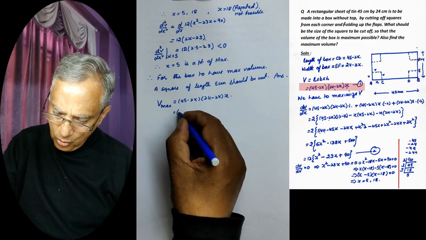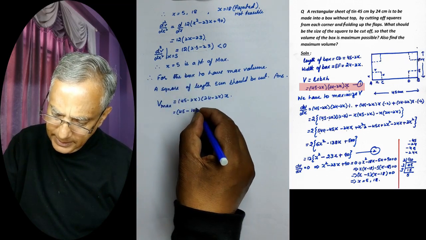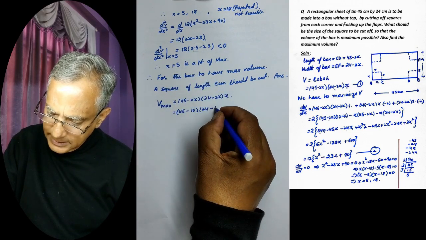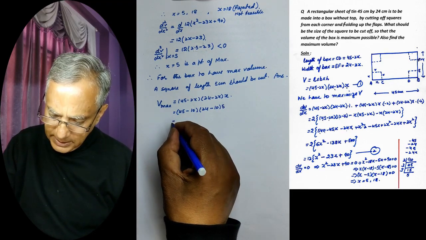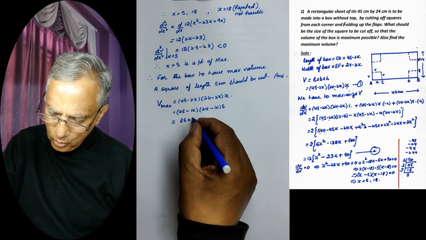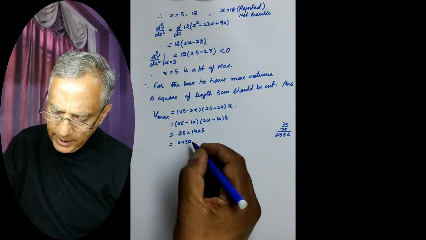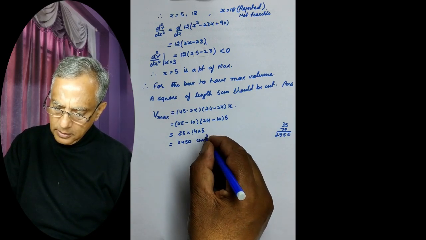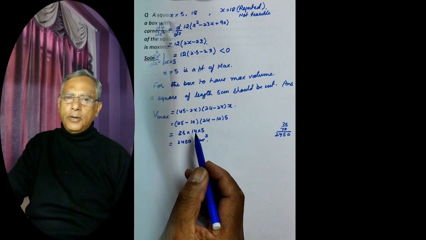So this is equal to 45 minus 2 into 5 is 10, 24 minus 2 into x is 10, and x is 5. So this is 35 into 14 into 5. This is equal to 2450 centimeter cube. This is the maximum volume of the box possible.